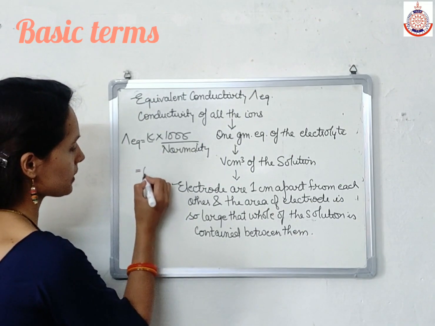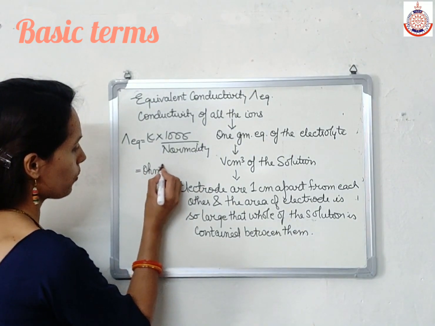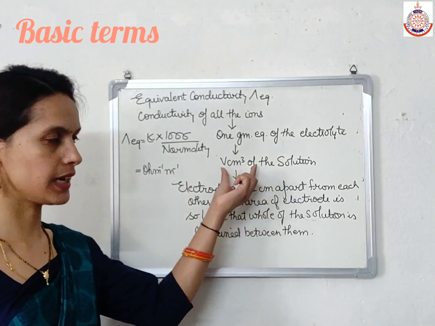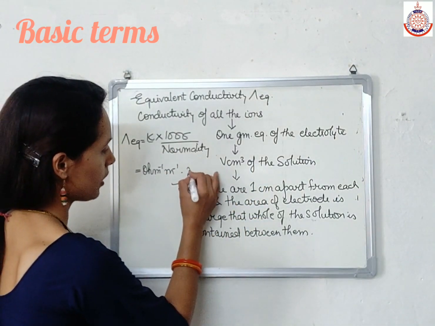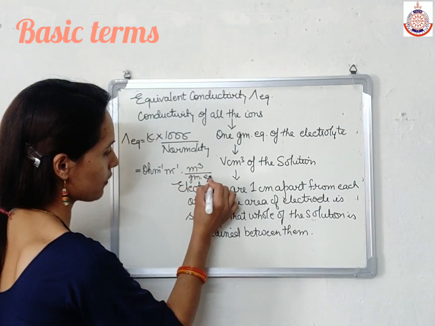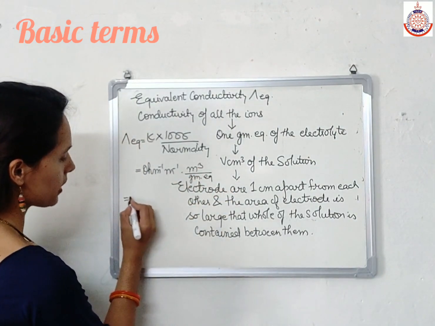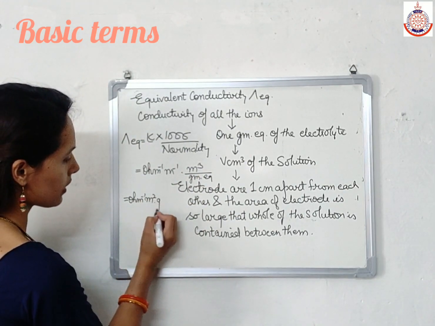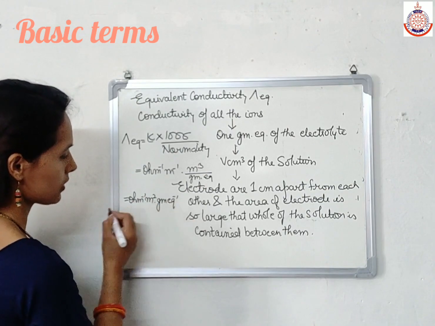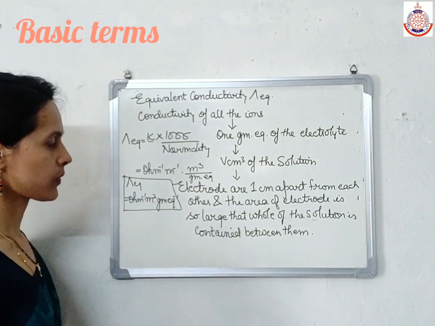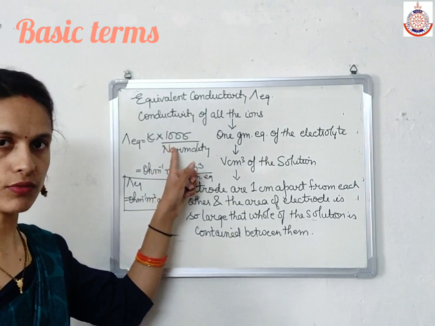The unit of specific conductivity is ohm inverse meter inverse. 1000 is centimeter cube, so it becomes meter cube, divided by normality, which is gram equivalent. So the unit becomes ohm inverse meter square gram equivalent inverse. This is the unit of equivalent conductivity, which we get from the formula.